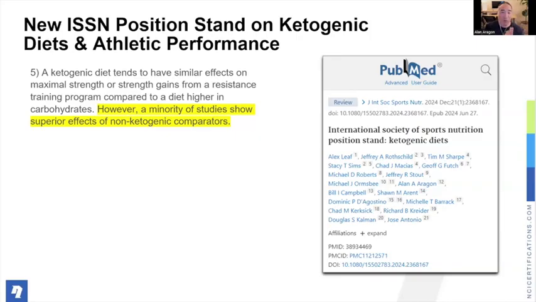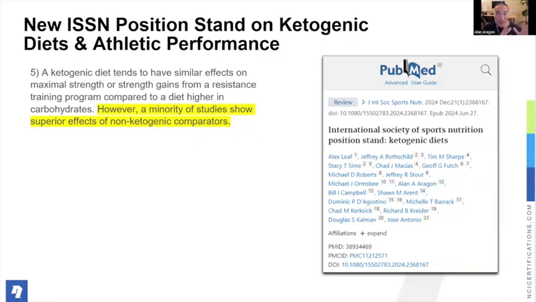So once again, we're still looking at a neutral to detrimental effect of ketogenic diets, just not to the same degree that it occurs when we're looking at endurance effects.